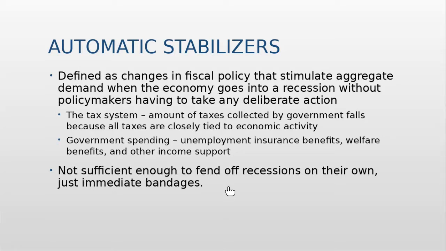Unemployment insurance benefits kick in regardless of if the economy is doing well or bad when someone loses their job. When many people lose their jobs, then unemployment insurance benefits serve as an automatic increase in fiscal spending to cover and meet needs. Similarly, welfare benefits and other income support are ways of helping individuals to keep and prop up aggregate demand in the face of recession. But what's important to note here is these policies aren't sufficient to fend off recessions on their own. They're just immediate bandages.